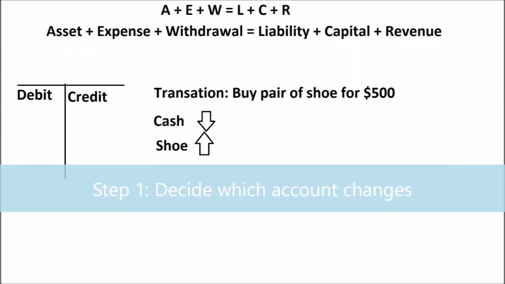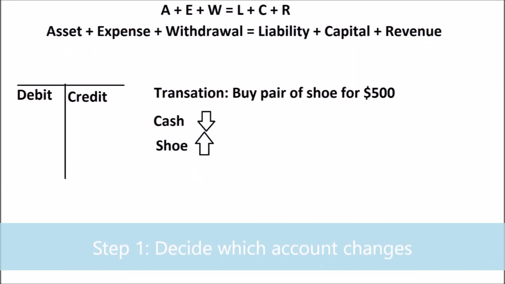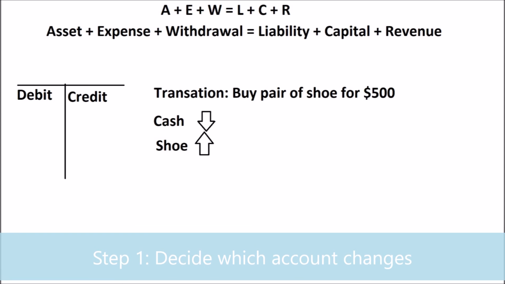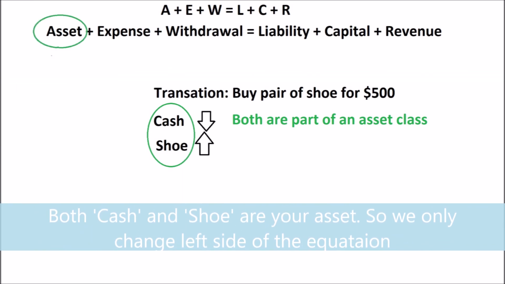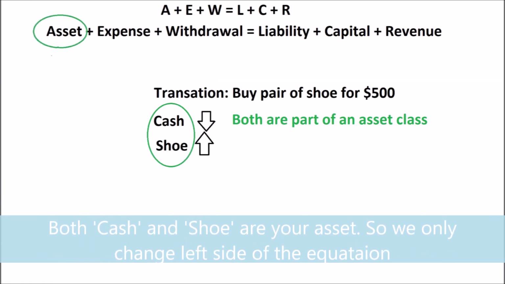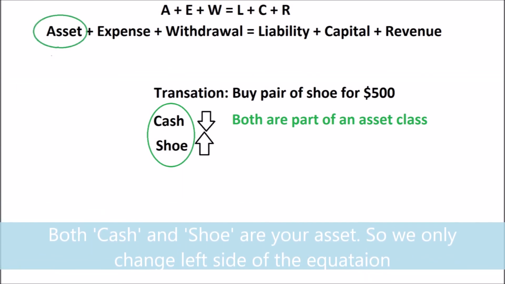What's going to happen? Your cash will go down and your shoe asset is going to go up. Since shoes and cash are both part of your assets, only the left side of this equation will change.